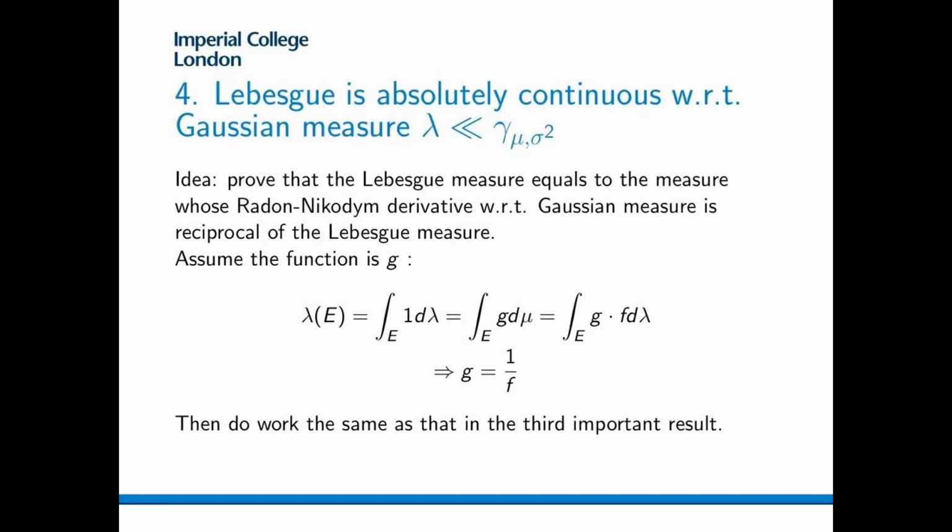If we call the function G, what we need to do is prove that G equals the reciprocal of the function f here. Then everything follows the same idea as the third result.